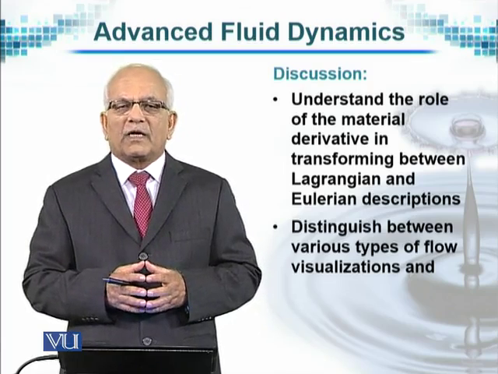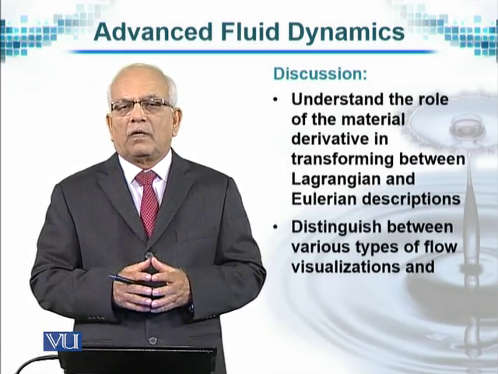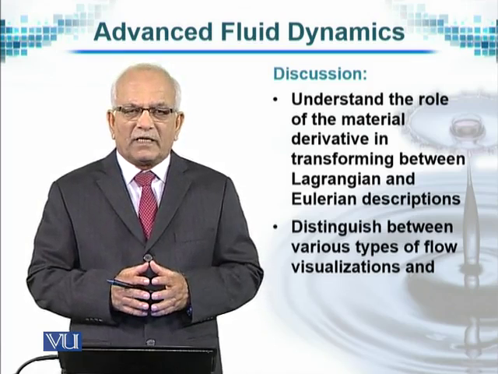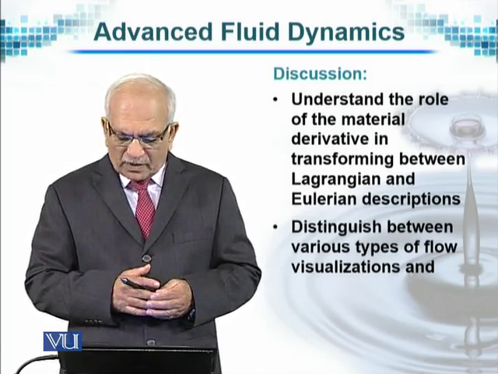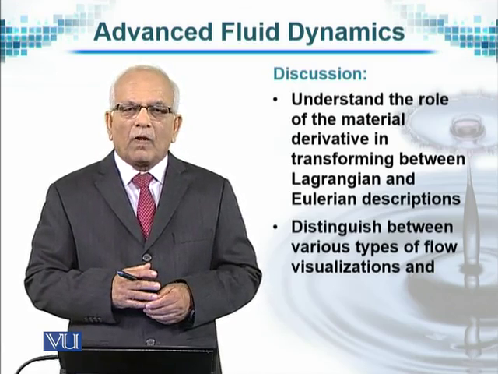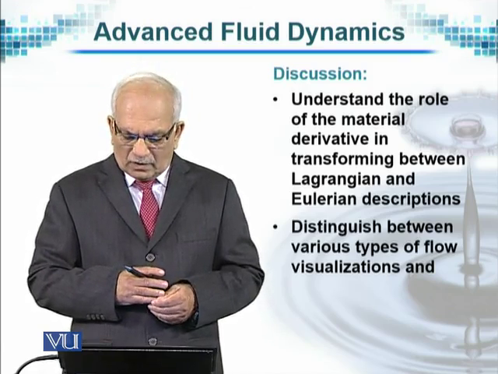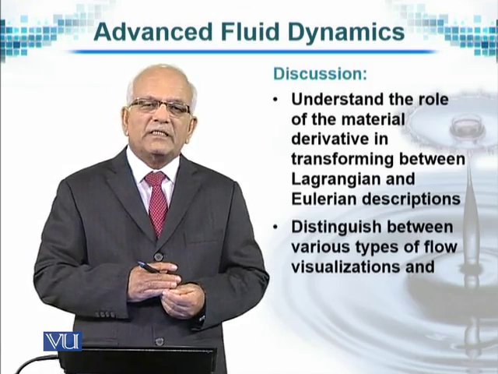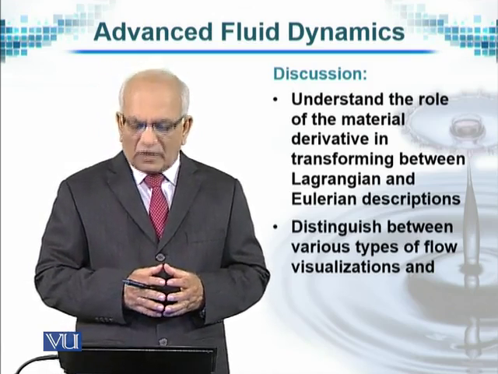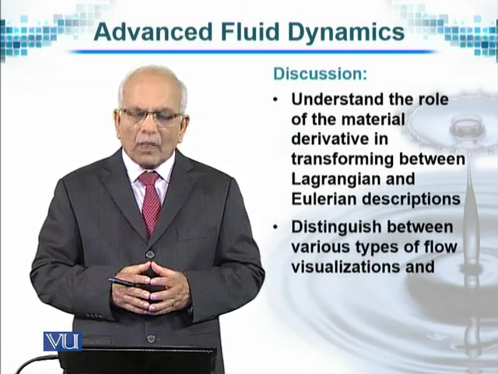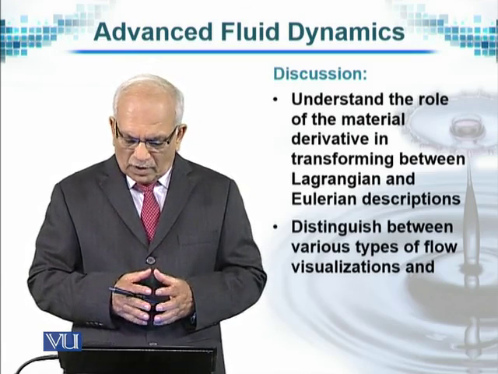So there are 2 broad methods that exist in the mathematical treatment of the subject. One is known as Lagrangian and the other is Eulerian, both after the names of these famous mathematicians Lagrange and Euler.